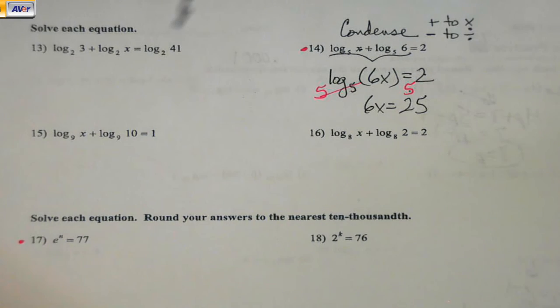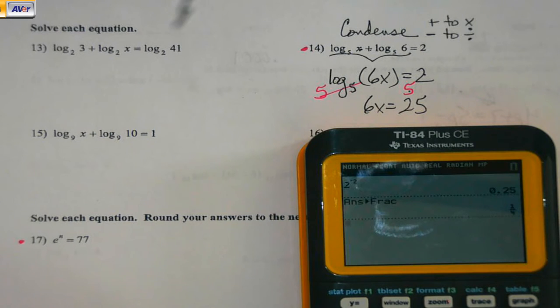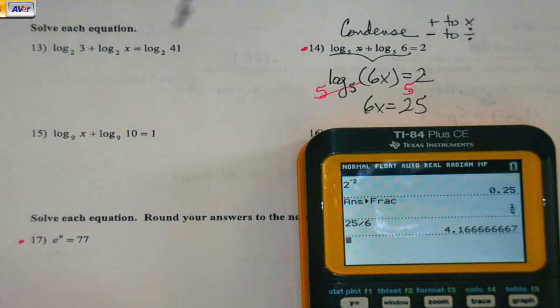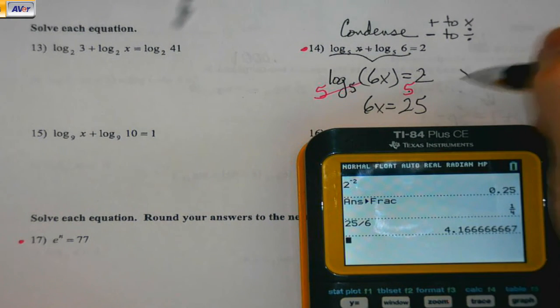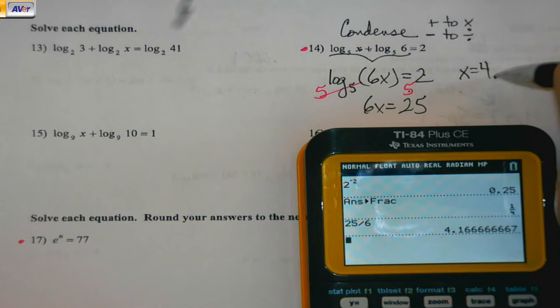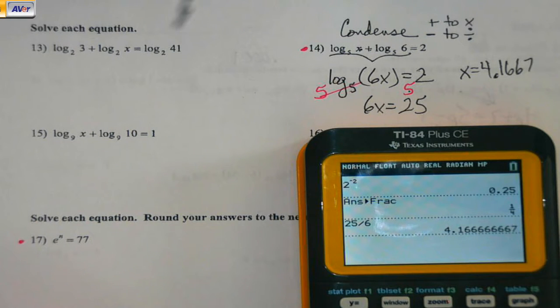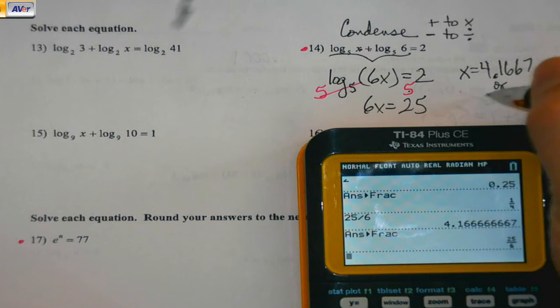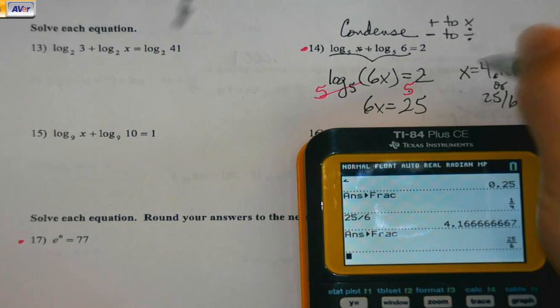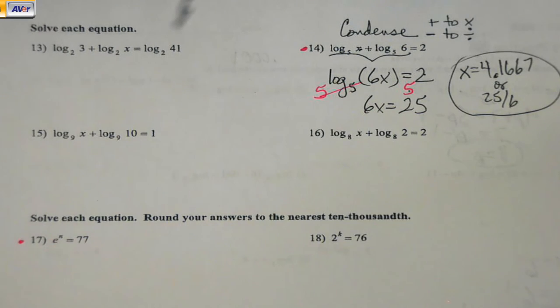And then we'll divide by 6. And again, I'm fine. 4.1667 is okay. 25 over 6, perfectly fine. Being exact, never a problem. And so I kind of work through it that way.